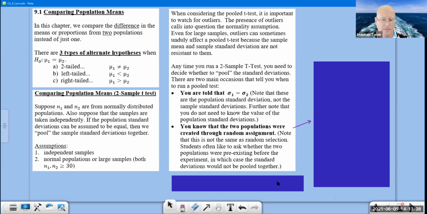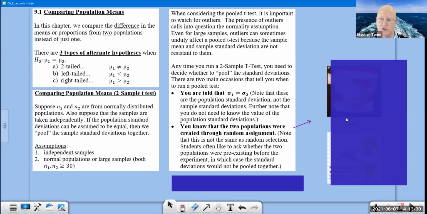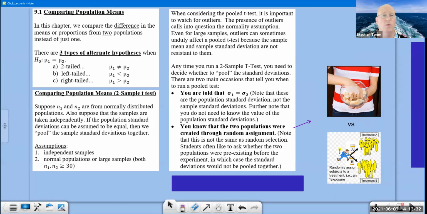Now, I'm going to call attention to a couple pictures here, and this is a concept that we talked about way back at the start of the course. When you are picking names out of a hat, that is random selection. You are choosing names randomly. But when we're assigning subjects into a treatment group or into a control group, that is random assignment.